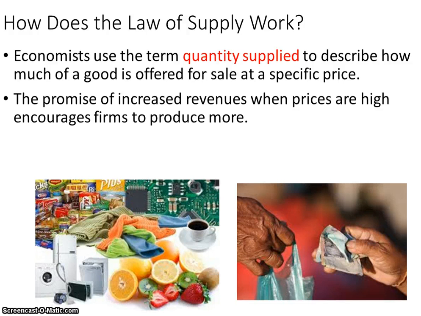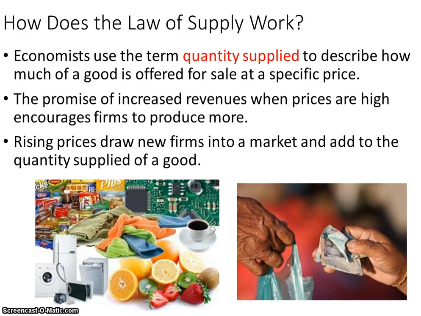That adds incentive for them to produce more of their goods. The second part is rising prices will draw new firms into the market. This will also make the quantity supplied of that good increase.